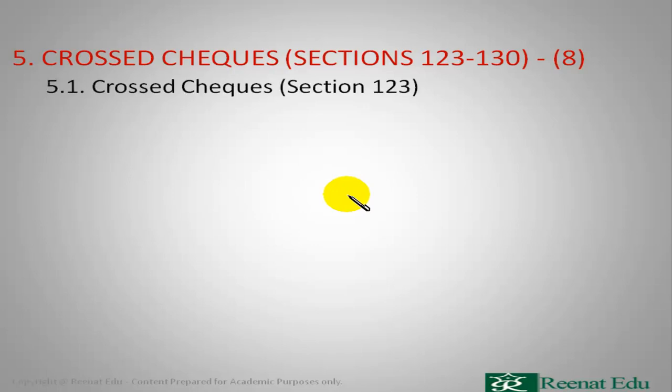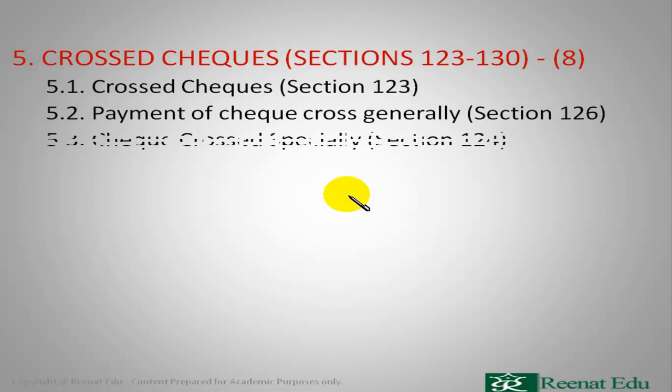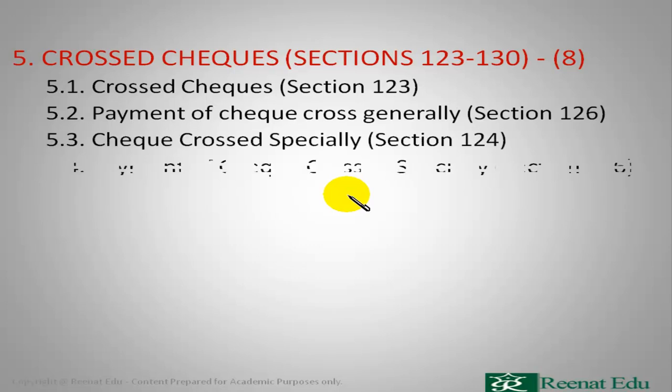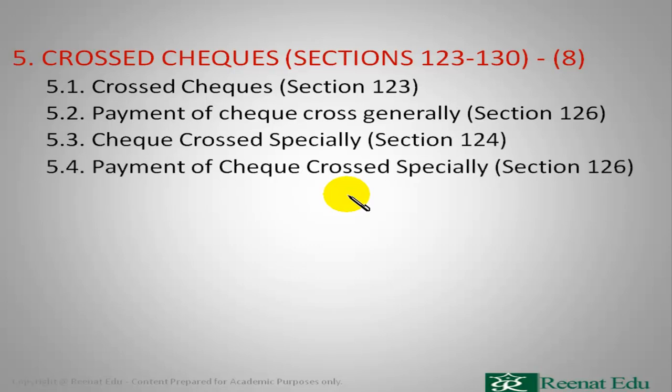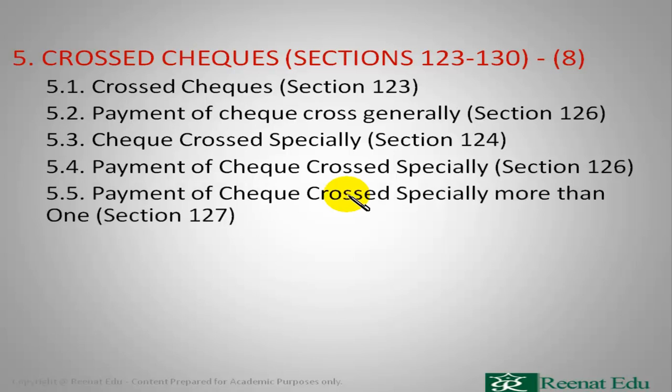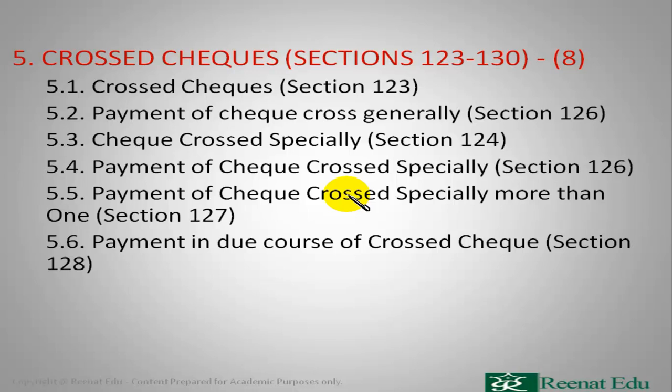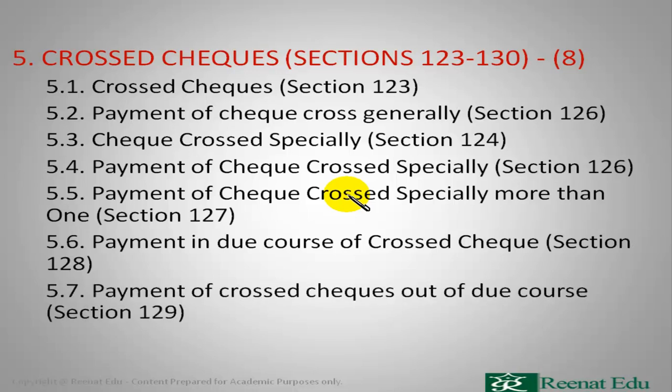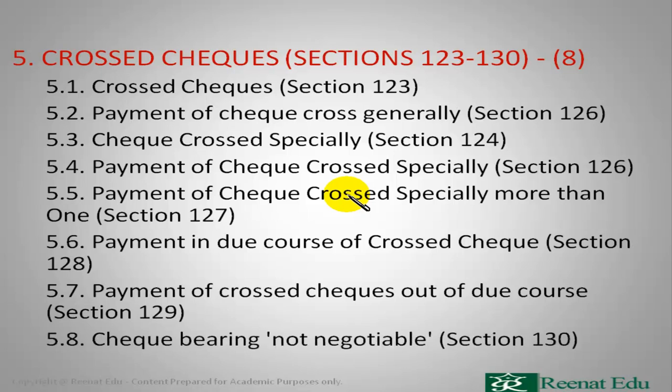Those are: crossing of cheques, payment of cheques generally, cheques crossed specially, payment of cheque crossed specially, payment of cheques crossed specially more than once, payment in due course of crossed cheque, payment of crossed cheques out of due course, and cheques bearing not negotiable. Bearing means holding; when you write something like that, it is a bearer cheque.